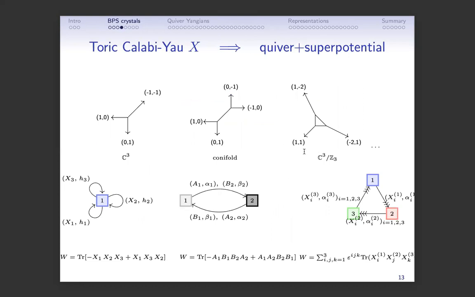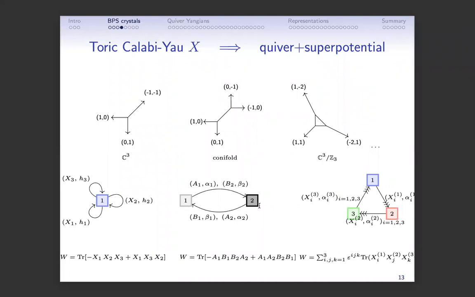So these are just some examples of what I said before. This is C3, and this is the one representative for the toric CY without compact 4-cycle, and this is for the toric CY with a compact 4-cycle. This is the conifold, and this is C3 mod Z3, and this is the quiver and the superpotential pair here.